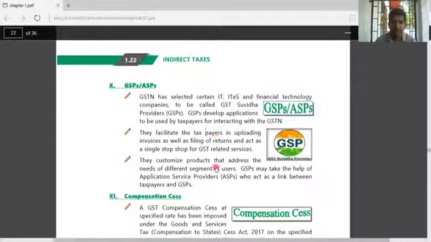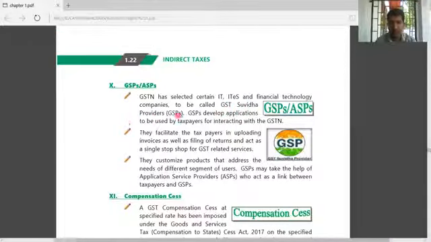Now, GSP and ASP. What are GSP and ASP? GSP is GST Suvidha Providers, and ASP is Application Service Providers. So, who are GSPs and ASPs? If I'm a big businessman and I have a lot of invoices, say 1 lakh or 2 lakh transactions each month, loading all the relevant information into the website creates problems for the website.